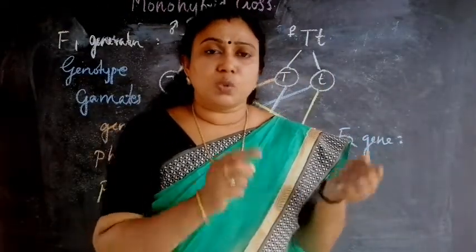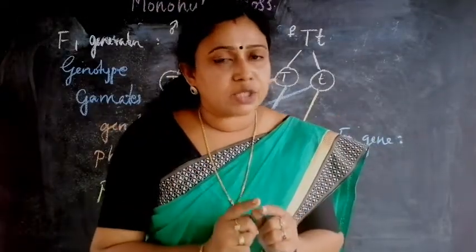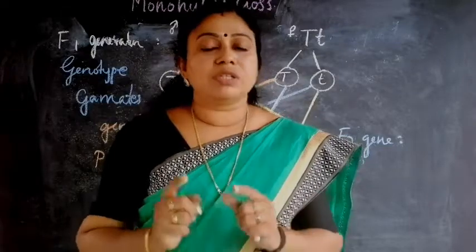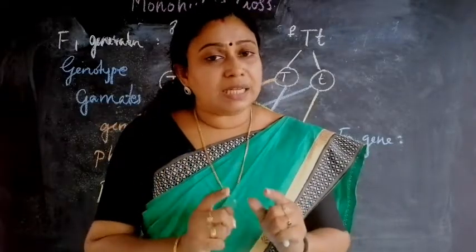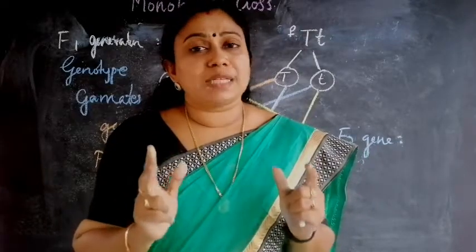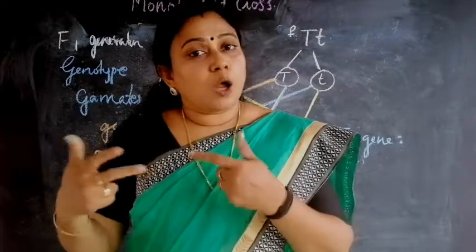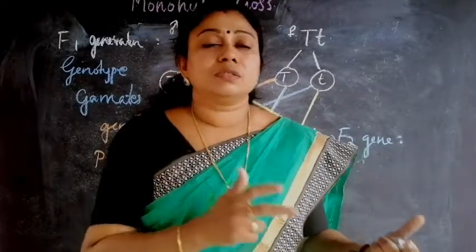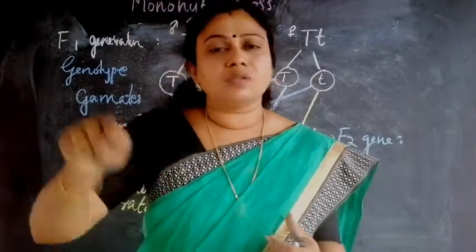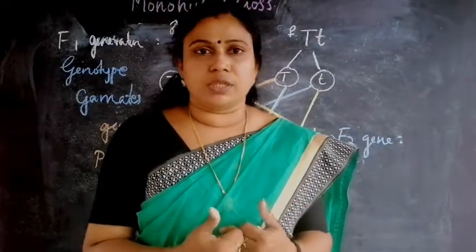So when we cross a pure dwarf plant and a pure tall plant, we get the first generation as hybrids, having both tall and dwarf characters. And when these tall plants are allowed to self-pollinate, we get tall plants and dwarf plants, which are not there in the F1 generation. The dwarf plants are not there in the F1 generation.